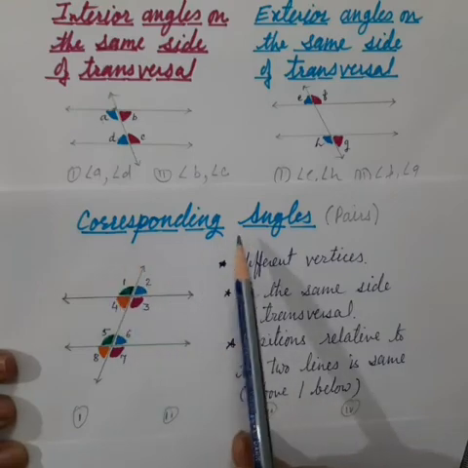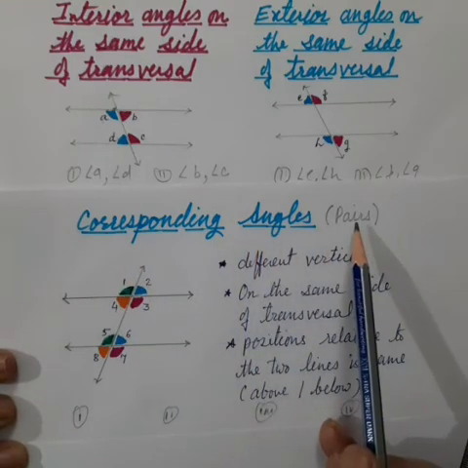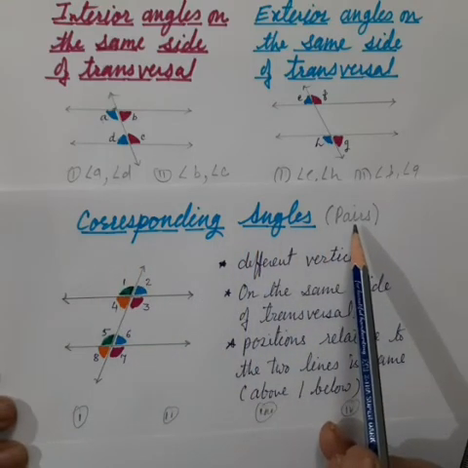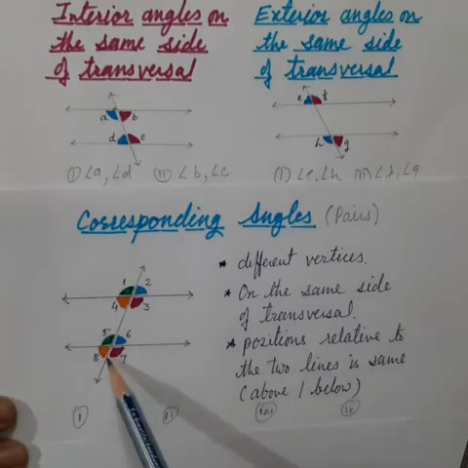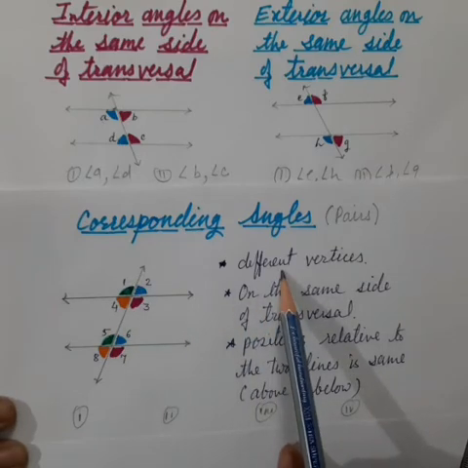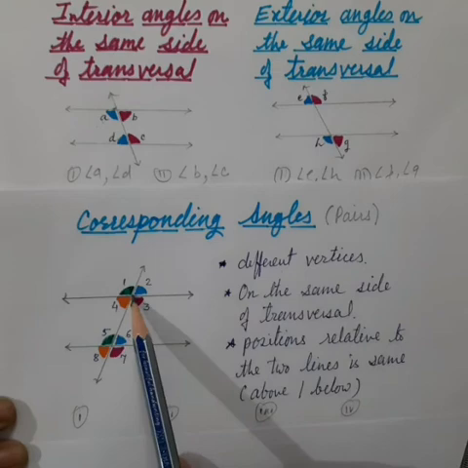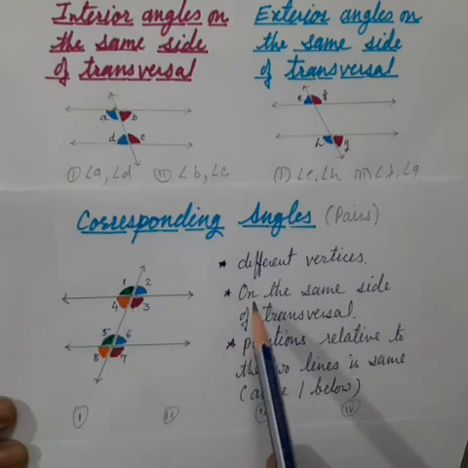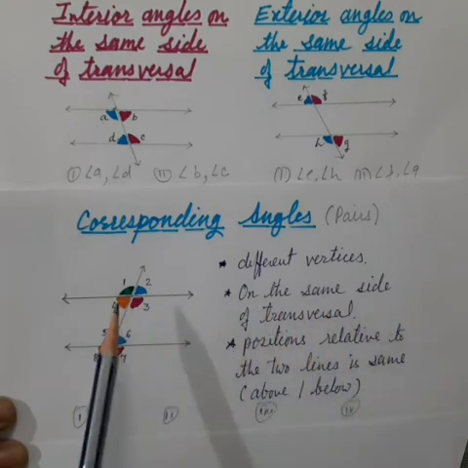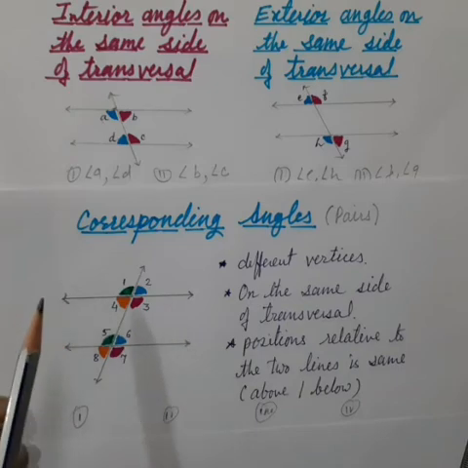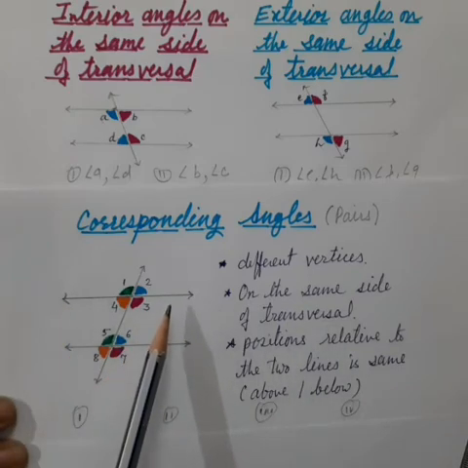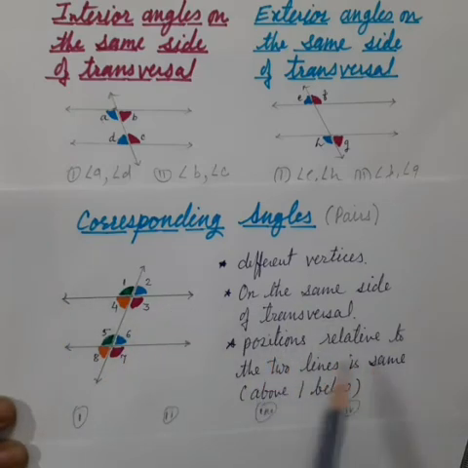Pairs of corresponding angles. Pair means always two angles are involved. Now these corresponding angles have different vertices. So one is here, the other will be here on the same side of the transversal. Both are on the same side, on the left, or both are on the right. Position relative to the two lines is the same.